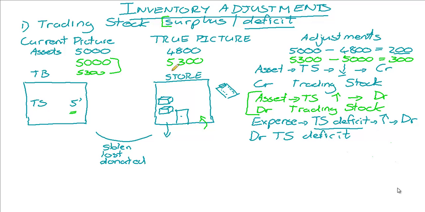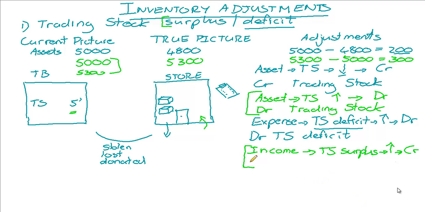Either way, our assets have increased, and because of that gain, we need to record an income. So the income that we're going to record is called trading stock surplus, and the income increased, so therefore we're going to pass a credit according to Debit Click.